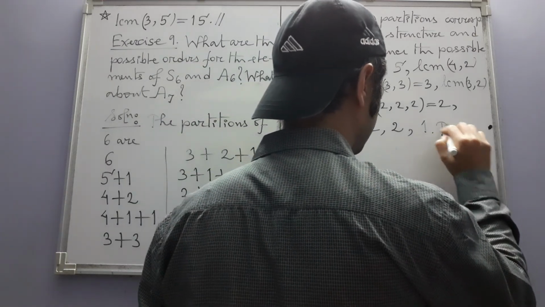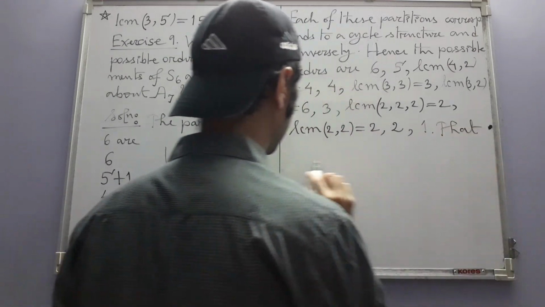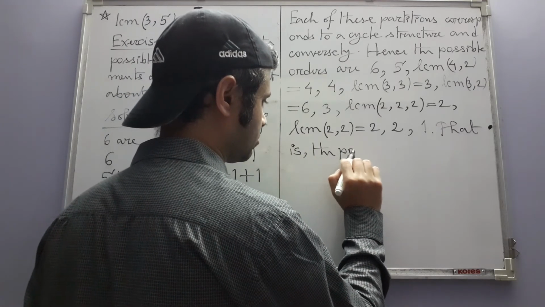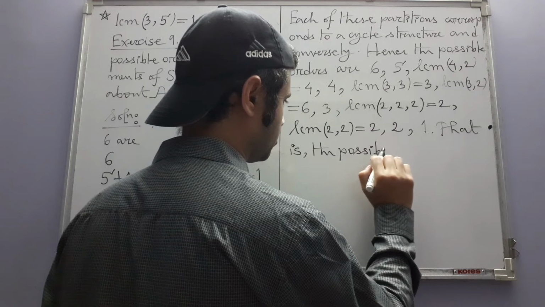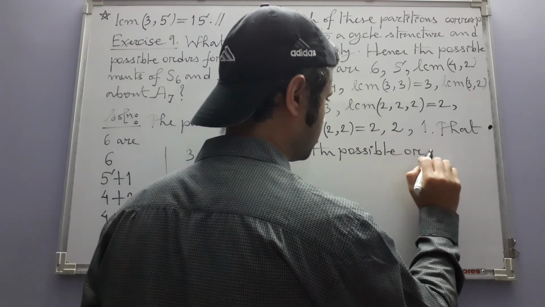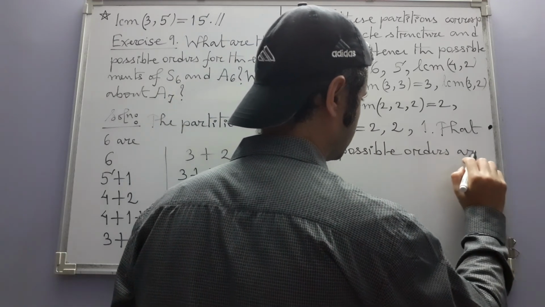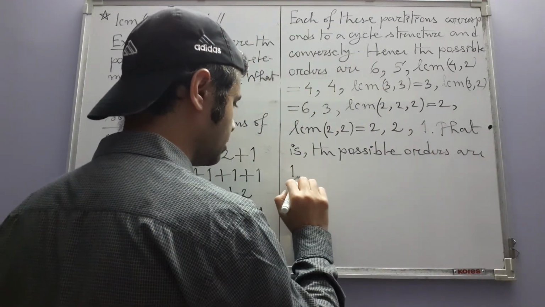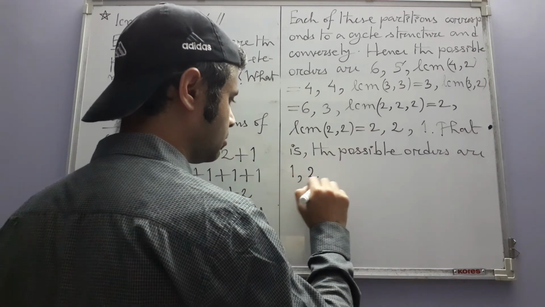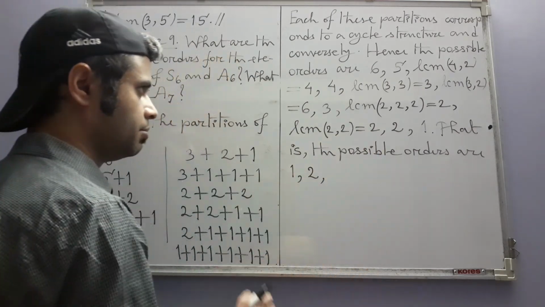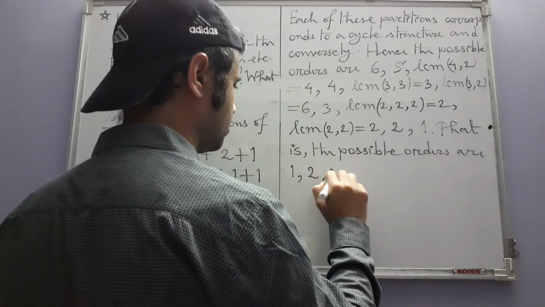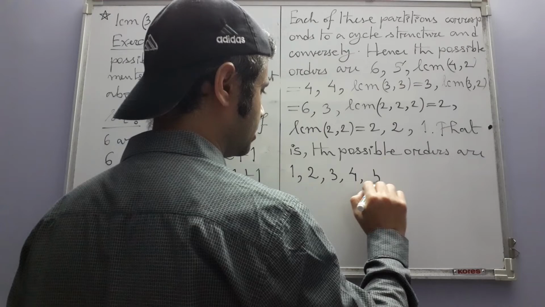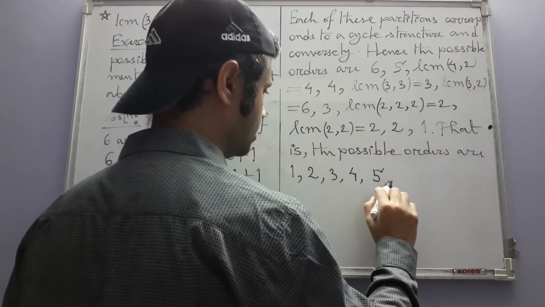That is, the possible orders are 1 is there, then 2 is there, this time we won't repeat, 3 is there, 4 is there, 5 is also there, and we have 6.